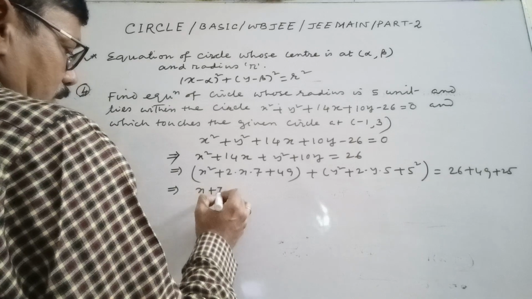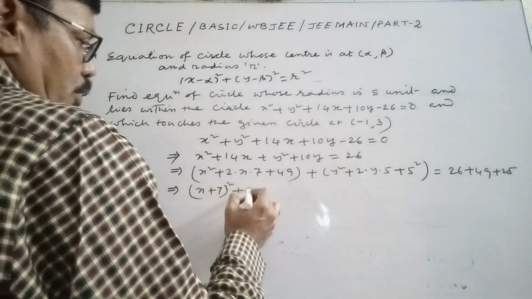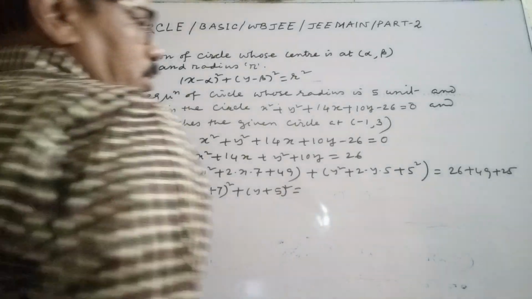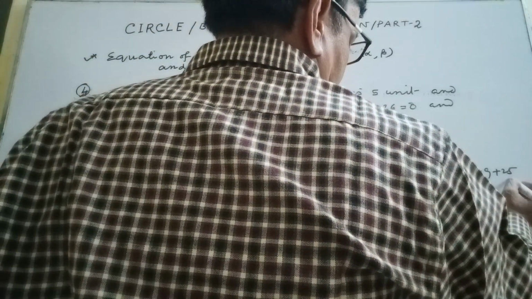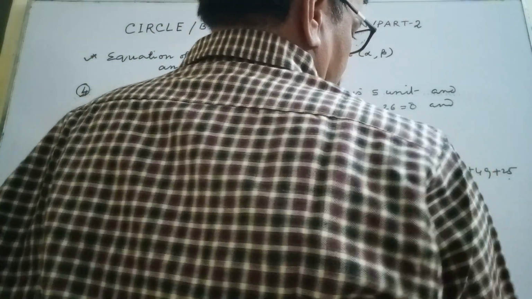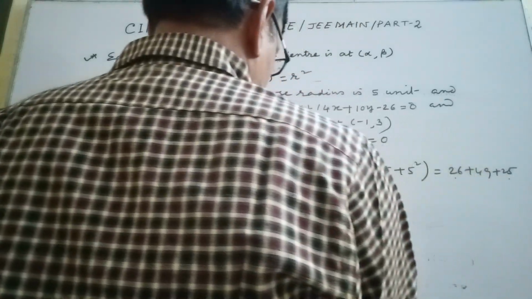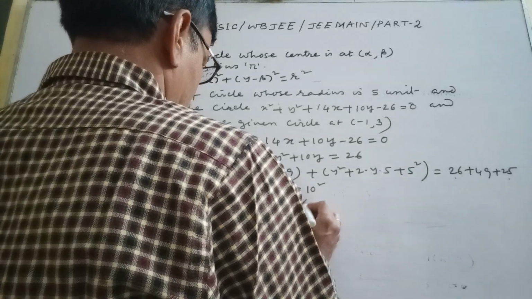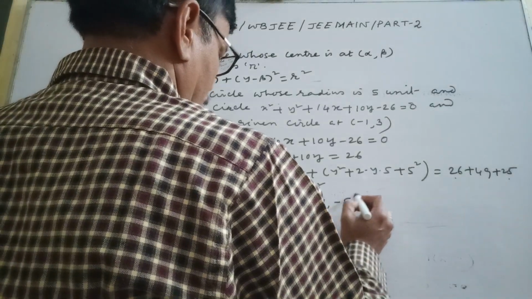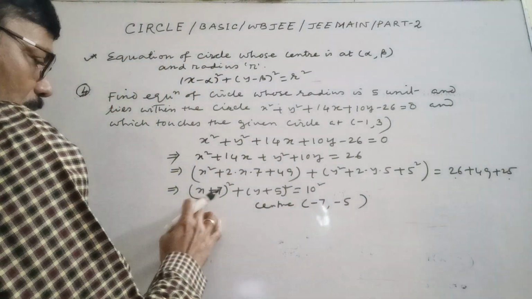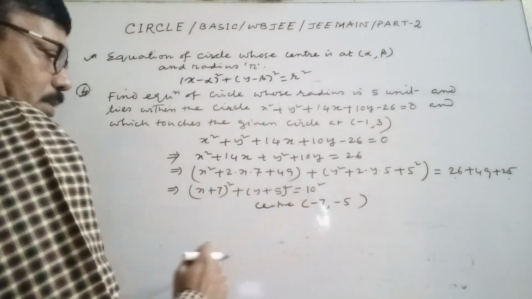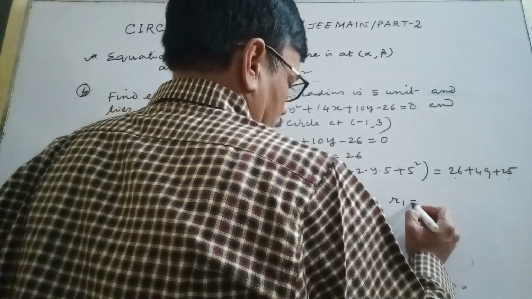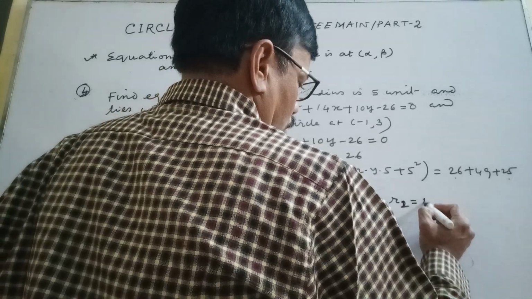So x plus 7 whole square, y plus 5 whole square equals 100, that is 10 square. So center is (minus 7, minus 5) and this is R2. R2 is 10.